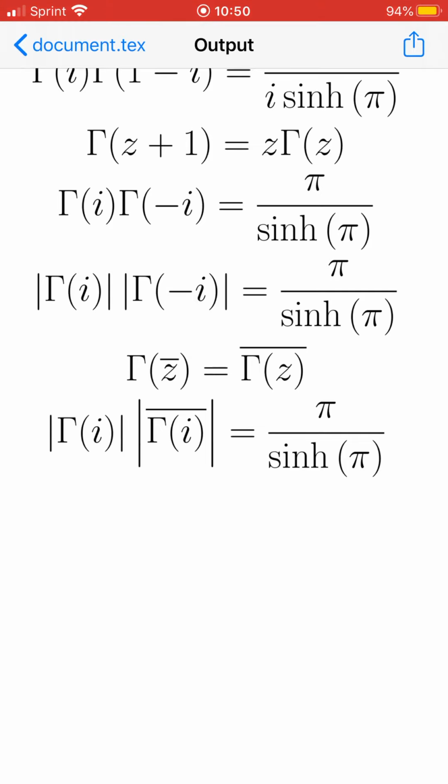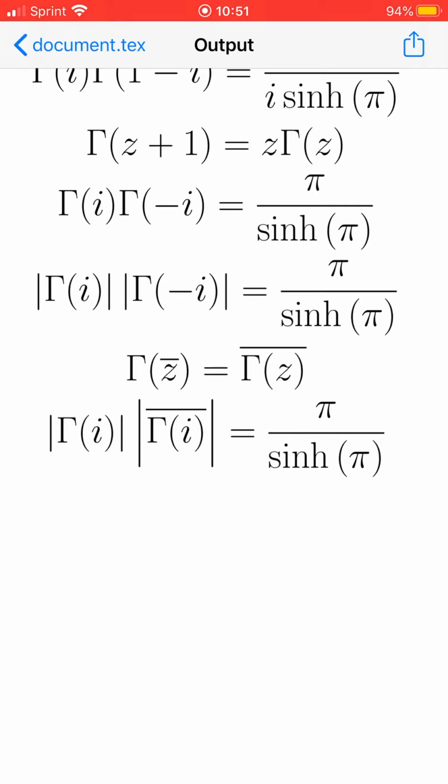And then we're going to use the property of the complex conjugate that the modulus of the conjugate of z, of a complex number z, is equal to the modulus of z.